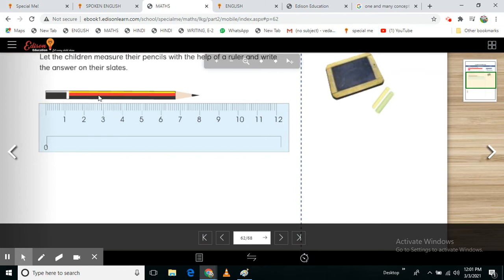Okay, now see, this is a pencil, and now we have to measure the pencil with the ruler. Okay, now it will start from the zero.